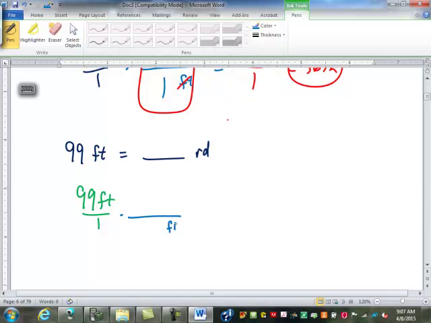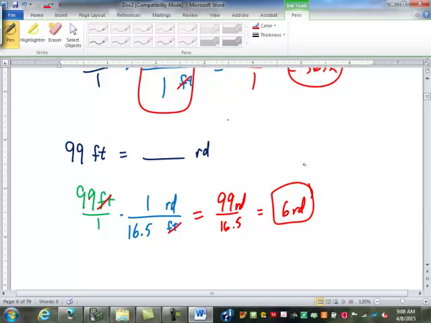Now here I'm going to have feet on bottom so they cross cancel out. Rods on top. What's my relationship between feet and rods? 1 rod is 16.5 feet. So now the feet cross cancel. 99 times 1 rod is 99 rods. 1 times 16.5 is 16.5. I divide that out, I get 6 rods.